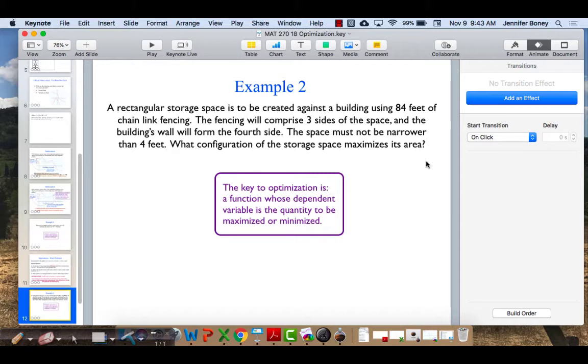But generally speaking, as I mentioned last time, once you actually have an equation that relates some changing quantities to one another, where the dependent quantity is the thing that you're trying to find a maximum of, the calculus of it is generally not that challenging. It's probably a lot less difficult than setting up the relationship in the first place.